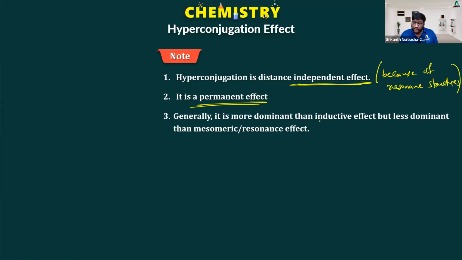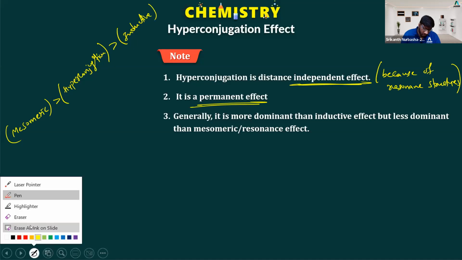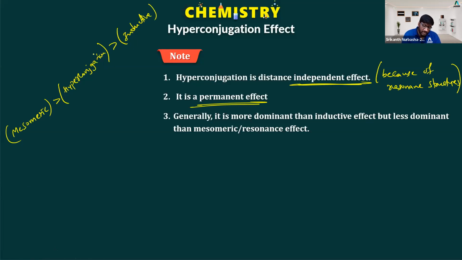Generally, it is more dominant than inductive effect, but less dominant than mesomeric. So the order is mesomeric has a greater effect than hyperconjugation, then inductive effect. We have some exceptions, which we have already discussed, like halogens being the exceptional case.